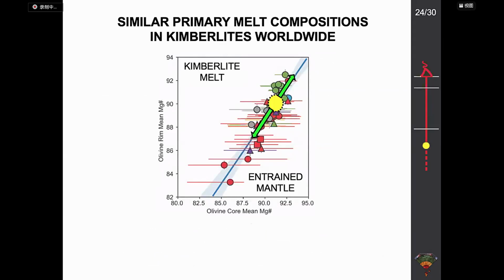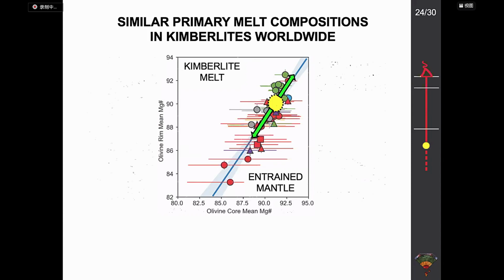So the chart that I showed before also requires a relatively homogeneous primary kimberlite melt composition worldwide, regardless of the age or the geographic location of a given kimberlite.